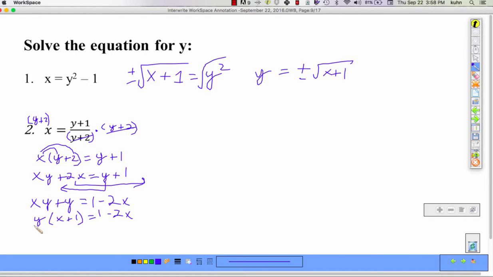And now I've gone from two y's in the original problem down to where the factoring out gets it from two y's to one y, and that's the big moment. This is going to help us when we're solving these inverses that we're about to do.